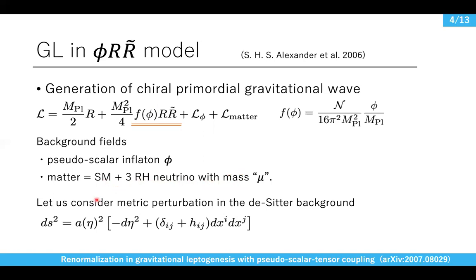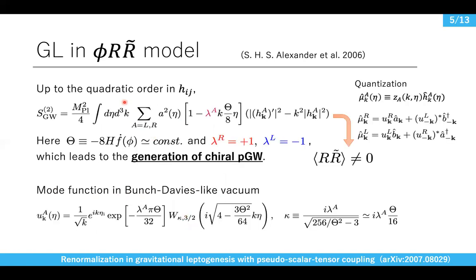Let us consider metric perturbation in the de Sitter background. Up to the second order, you will obtain the gravitational wave action like this. This is coming from the phi R R-dual coupling. Here, this theta roughly corresponds to h phi dot, and this lambda has a different sign for each polarization mode.